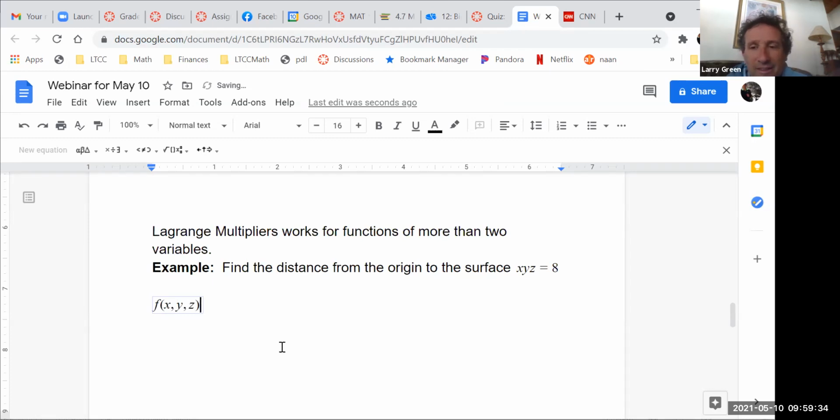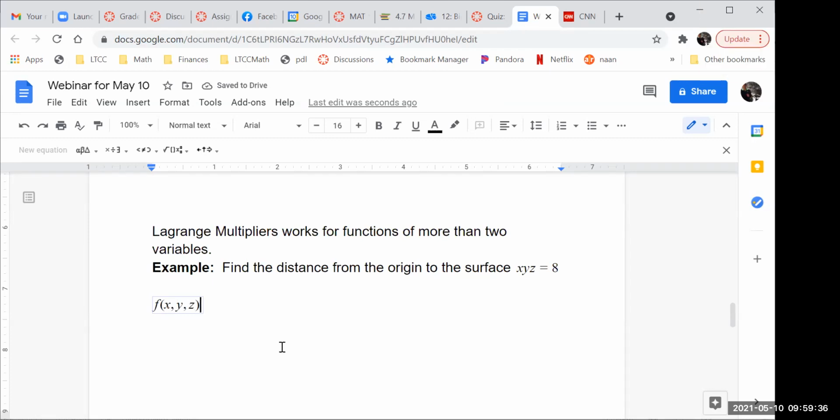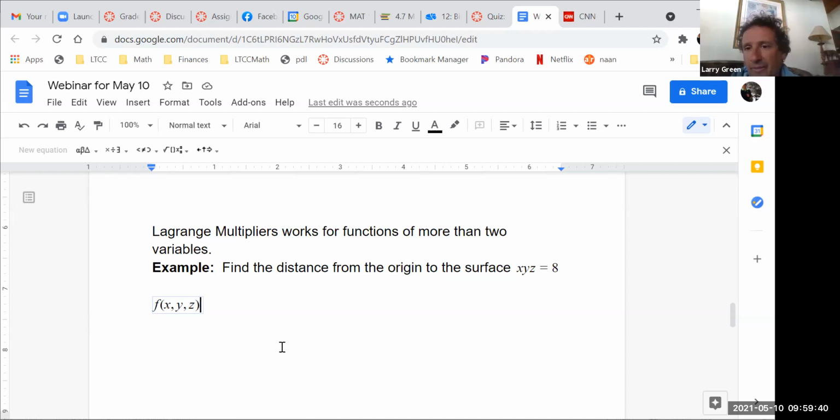How do you find the distance from the point to the origin? So if you're given a point, yeah, square root of x squared plus y squared plus z squared.